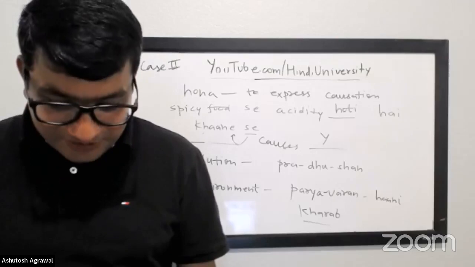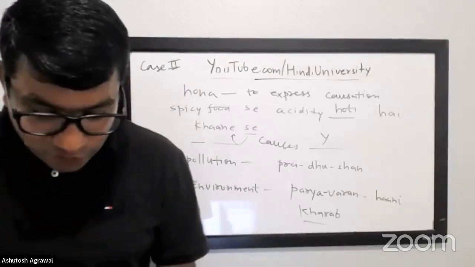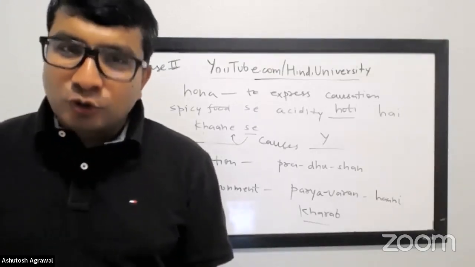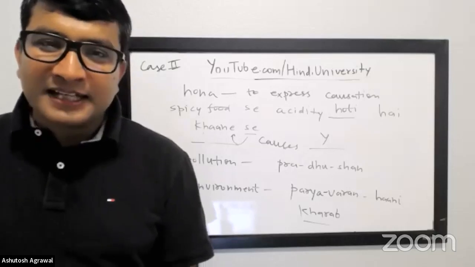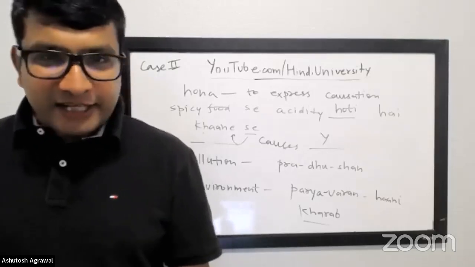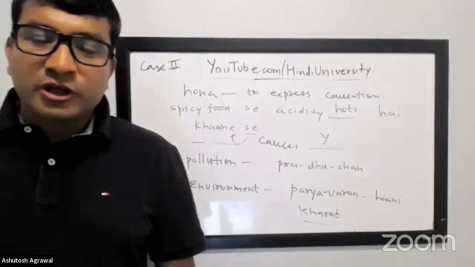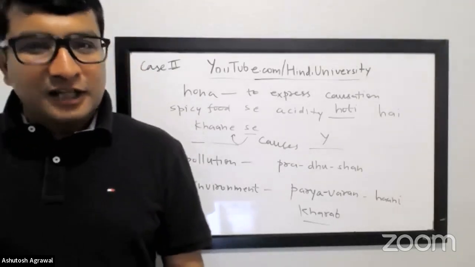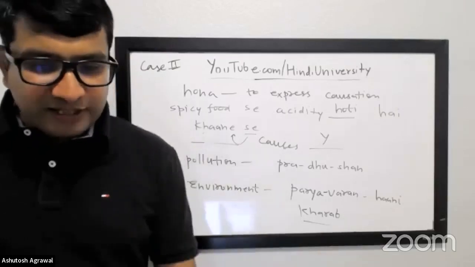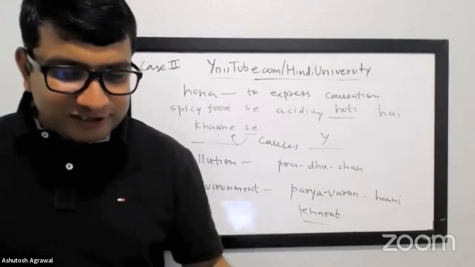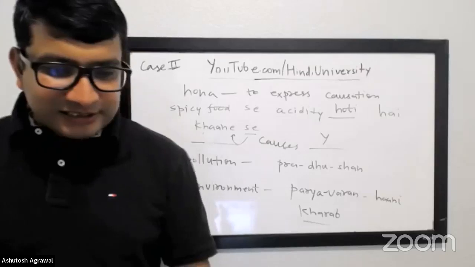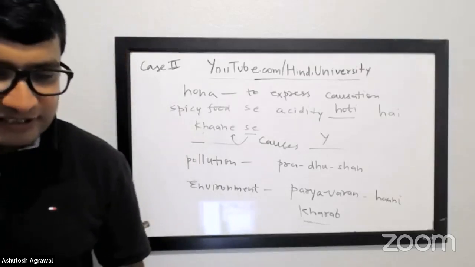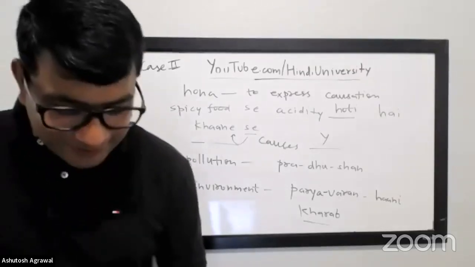So you were right. बहुत धूप से और बहुत सारी धूप से sunburn होता है. Okay. You can also use a modal, but the purpose of this class was hota hai. Otherwise, if you want to use a possibility, like it can cause, then you can say ho sakta hai.